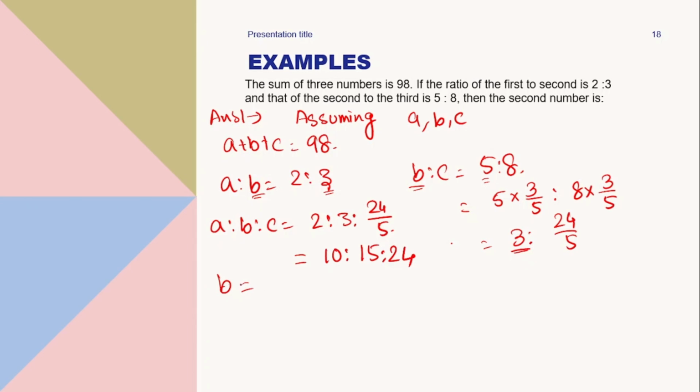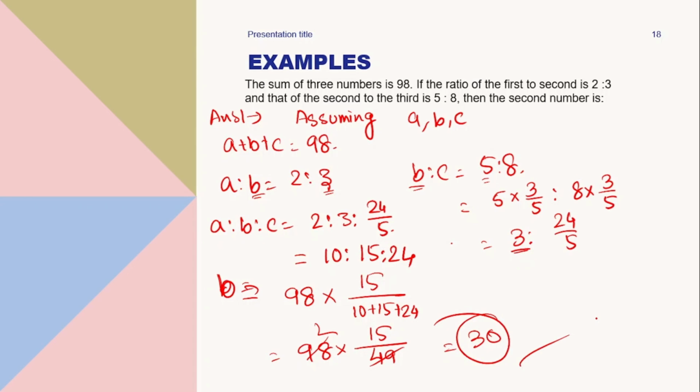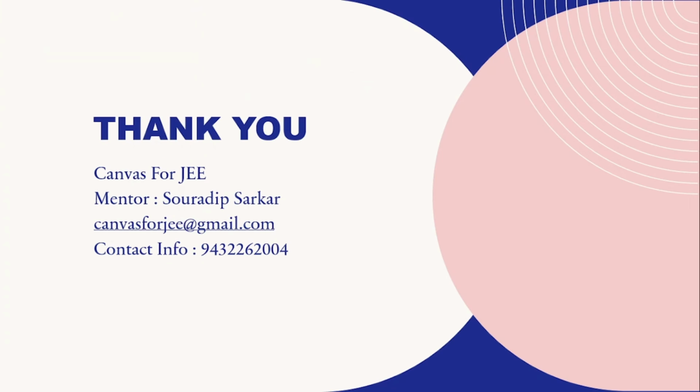So the value of b equals 98 into 15 by 10 plus 15 plus 24, that is 98 into 15 by 49, which equals 30. So the value of b is 30. Okay, so this is the answer of this question and I am resting my case here.